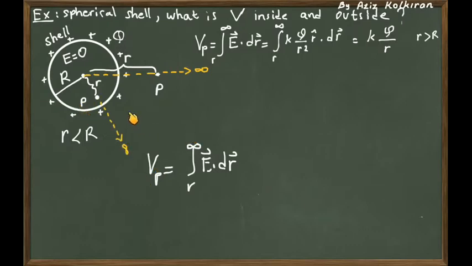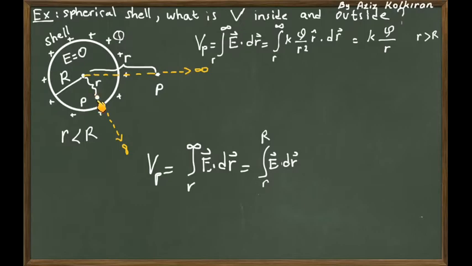But we have to break this integral into two terms, because when you go on this line starting from point P inside to the far distance, you cross this special border of the shell at r equal to capital R. So we break the integral into two parts.